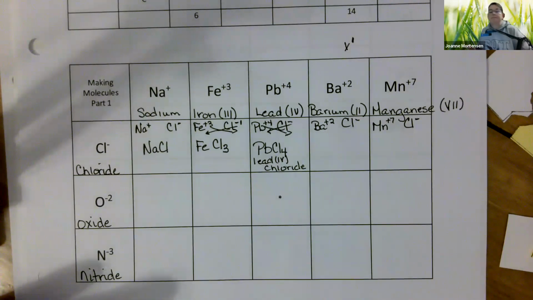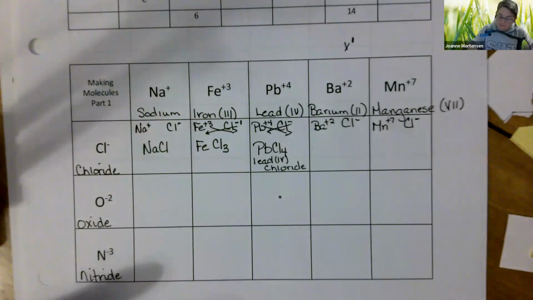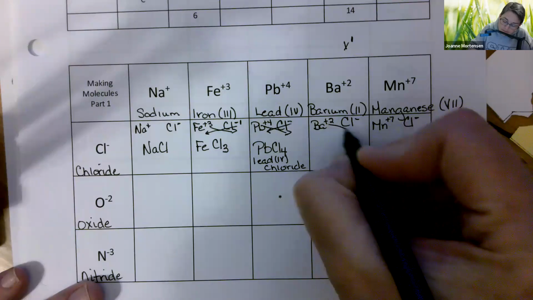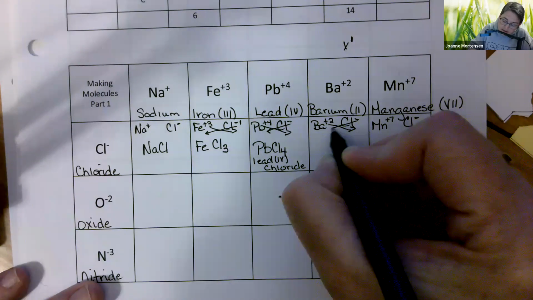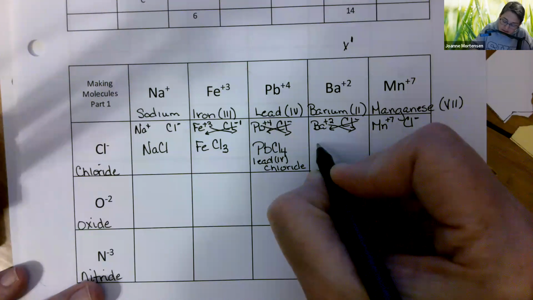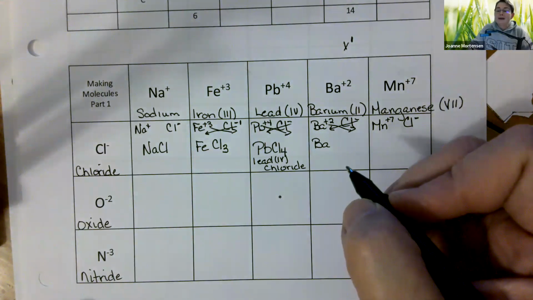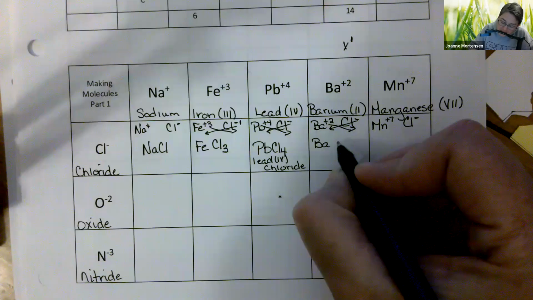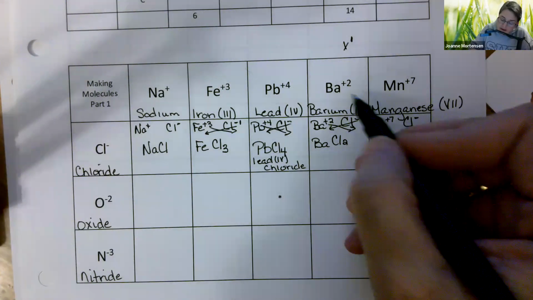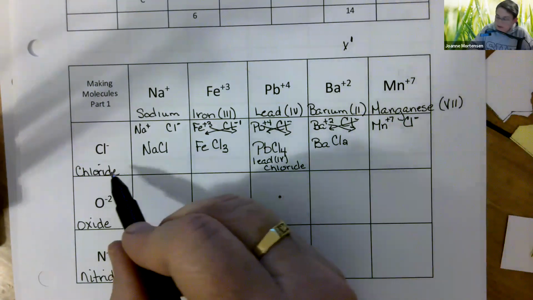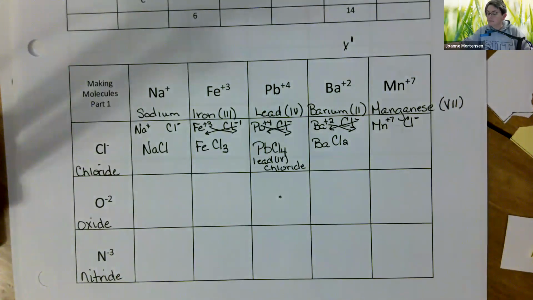All right. Here we go. The 2 goes there, the negative 1 goes there, but I don't write 1, so I don't care. Oh, sorry, I do care. BaCl2. Barium 2 chloride.